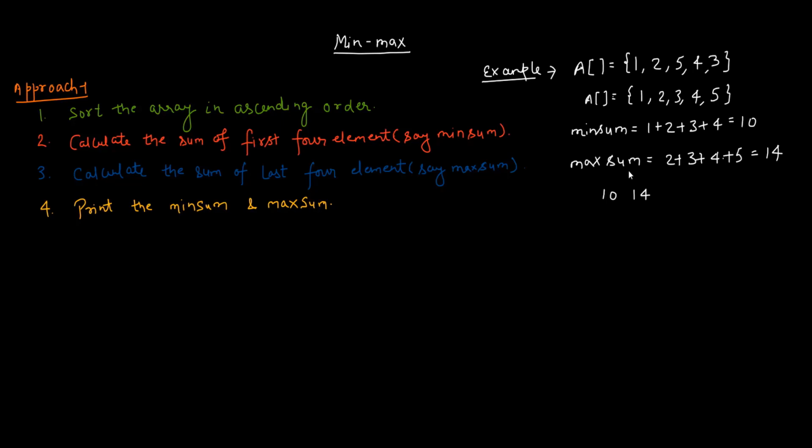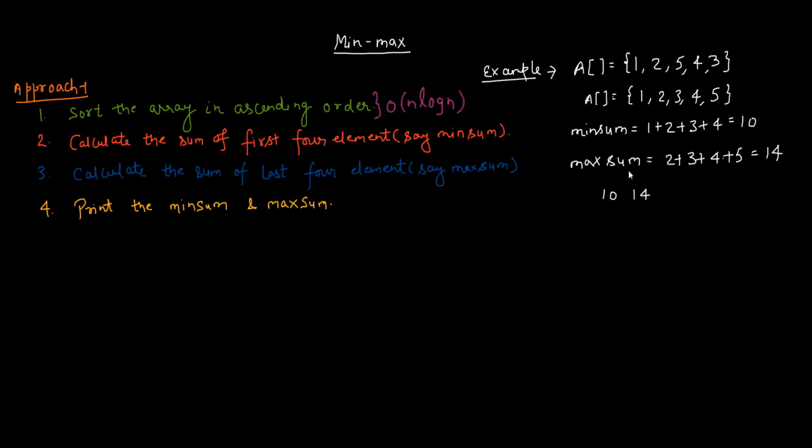But if you see in this approach, the complexity is n log n. In the first step, we are sorting this array. Guys, this problem is defined such that we will have only 5 elements. But in a general way, suppose the array length is n.